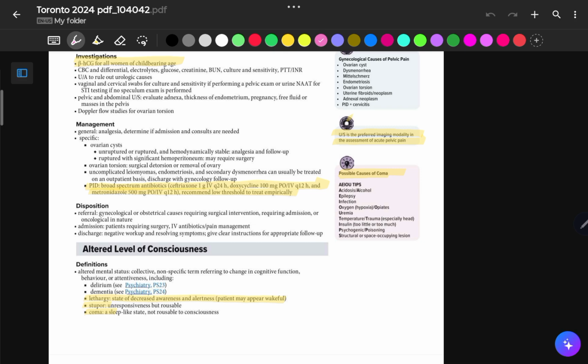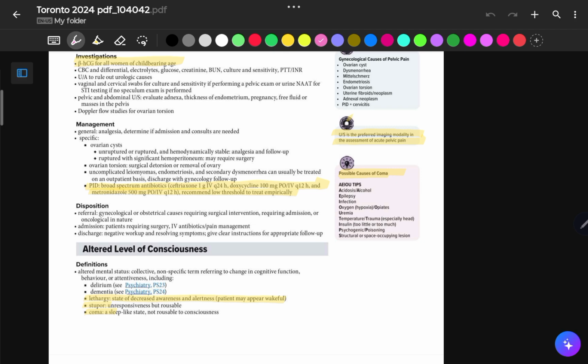For ovarian cyst, if it's ruptured or unruptured but they are hemodynamically stable, you will just give them analgesia and follow up. But if it's ruptured and there's significant hemoperitoneum, they are unstable, they might require surgery.